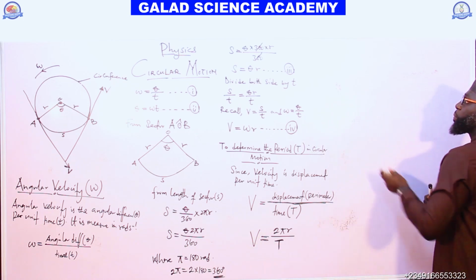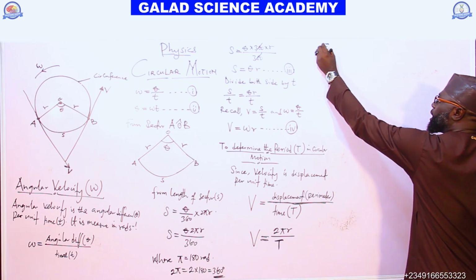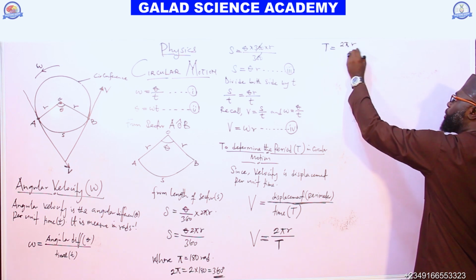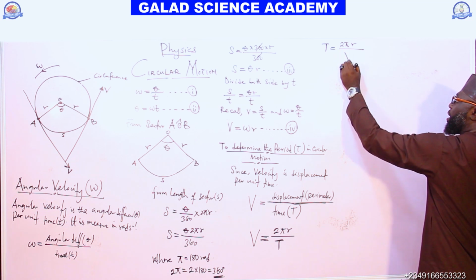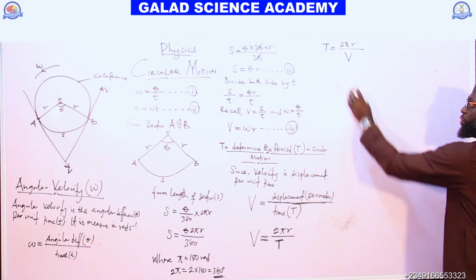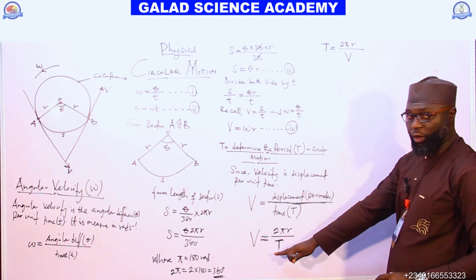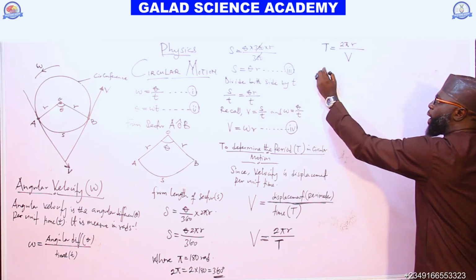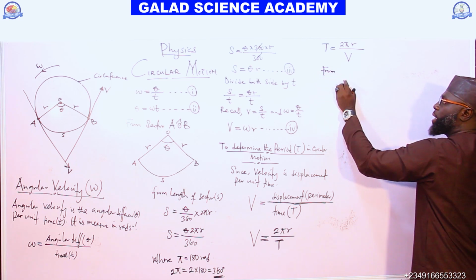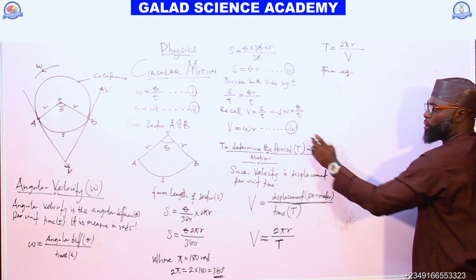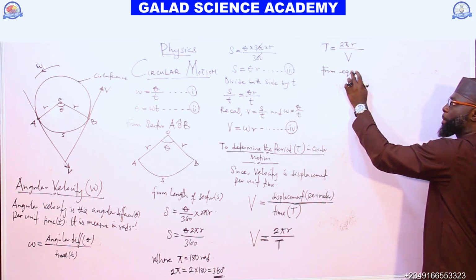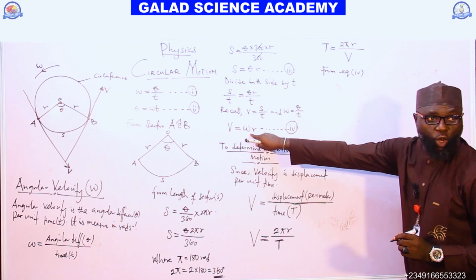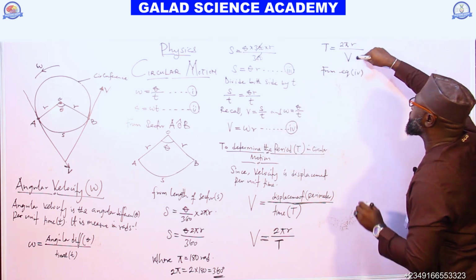What are we going to have? We have t equal to 2 pi r over v, where v is the linear velocity. Now from equation 4 here, linear velocity is omega r. You will now substitute it here.